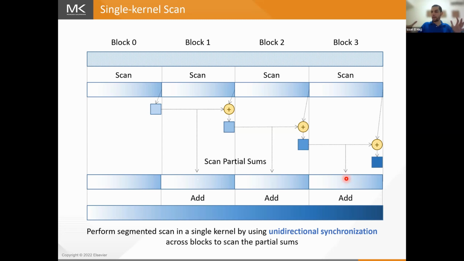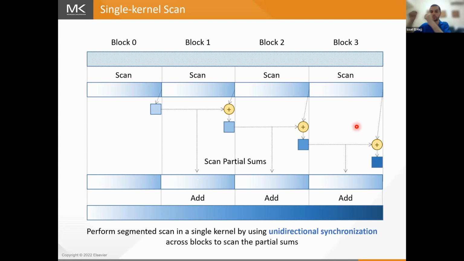Okay, so this is a single-pass scan where we use a single kernel. There's some kind of serialization here, right? Only in this stage where we are doing the scan across the blocks, there's a sequential scan happening where every thread block waits for the previous one and then releases the next one.